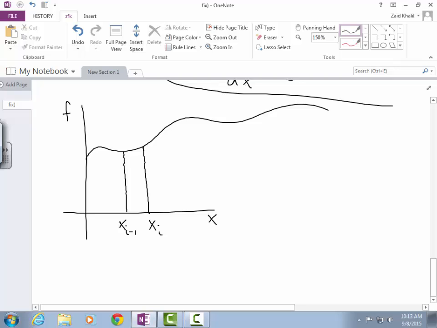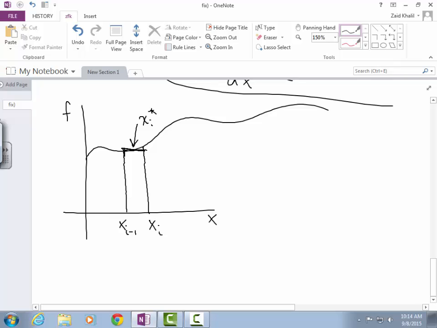And what is the area of that box or that rectangle? Be careful. What's the area of this rectangle? There is some point in between x sub i minus 1 and x sub i where you're evaluating this function. I'll call this x_i star.